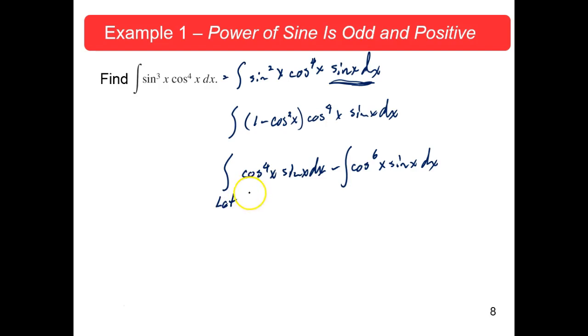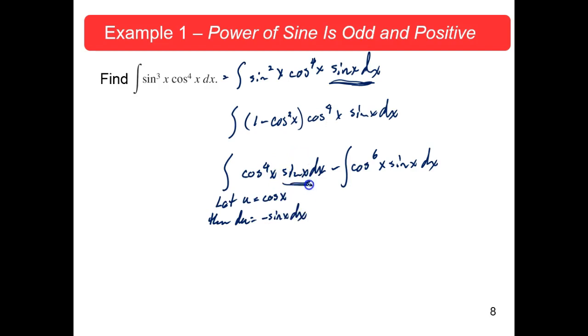Let u equal what? Cosine x. Then du is equal to? Negative sine x dx.